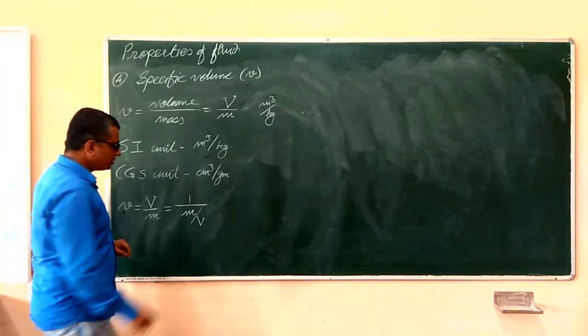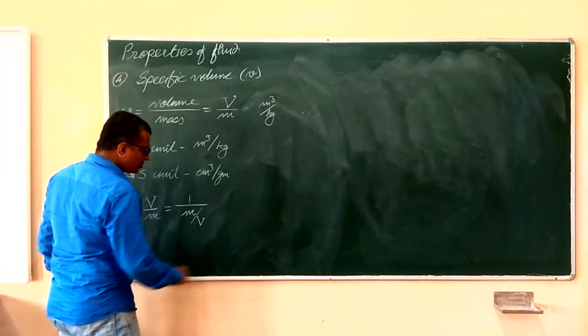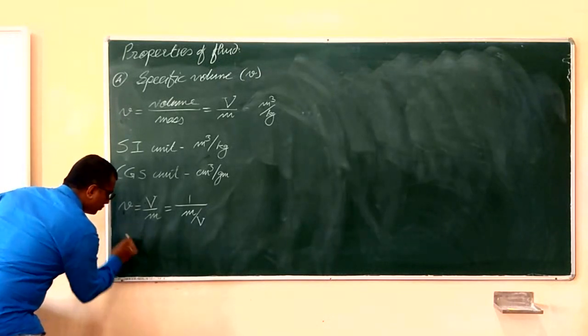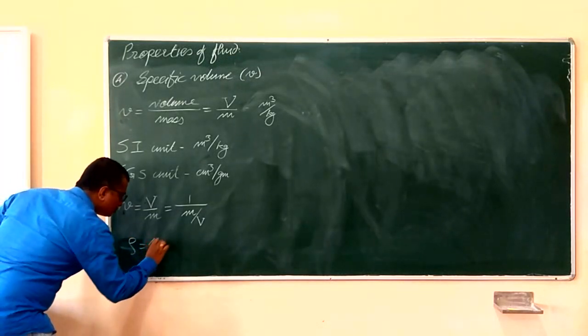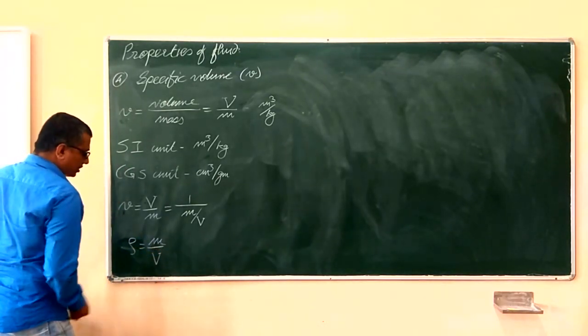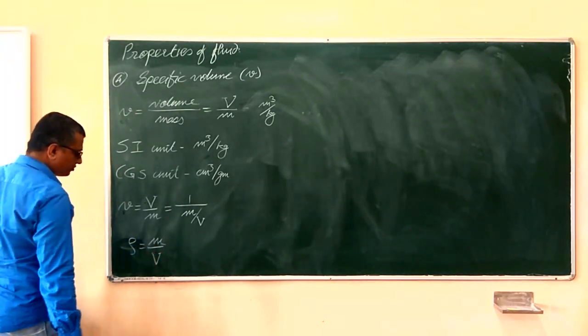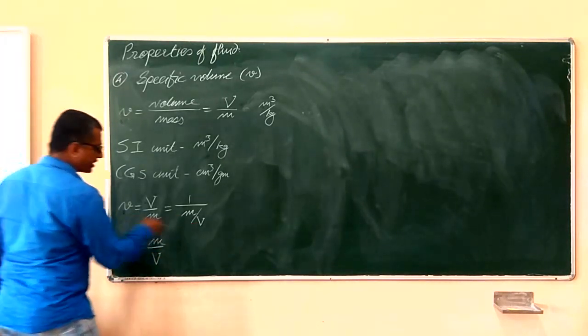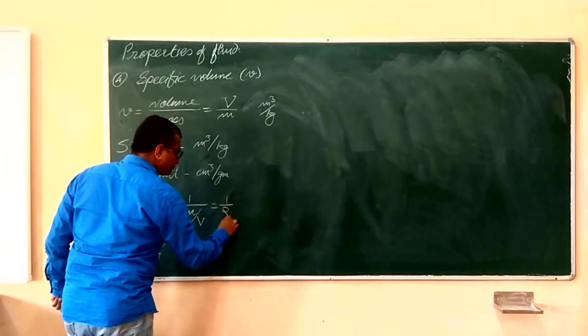Now if you remember the term mass per unit volume, we have just seen it. We have defined the term rho as equal to mass per unit volume. So if I replace this mass per unit volume by this term rho, I can write this equation as equal to 1 by rho.